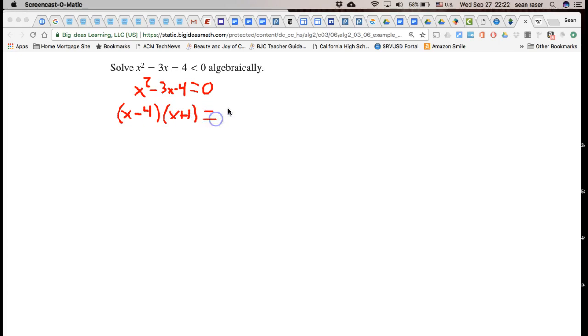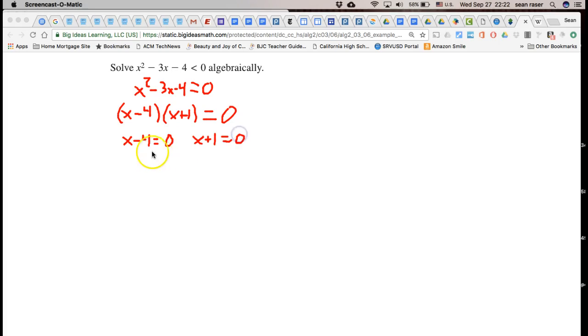Right now we've factored that and we've got it equal to 0. Our critical values are the ones that make it equal to 0. So remember, we have to set each of these factors equal to 0 and solve in order to get our critical values. So we have x minus 4 equals 0 and x plus 1 equals 0.